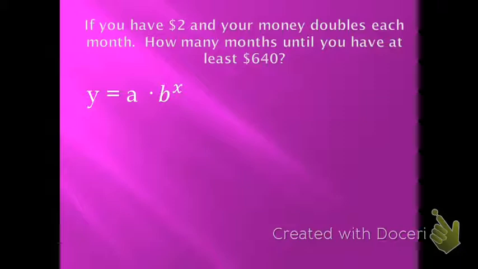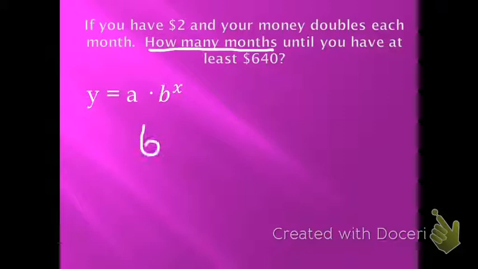On our next problem, you have $2 and your money doubles each month. How many months until you have at least $640? And again, this is going to be where we have to look for information. It says how many months, so I would assume we do not know the x, which is the time, which means we must know the rest.